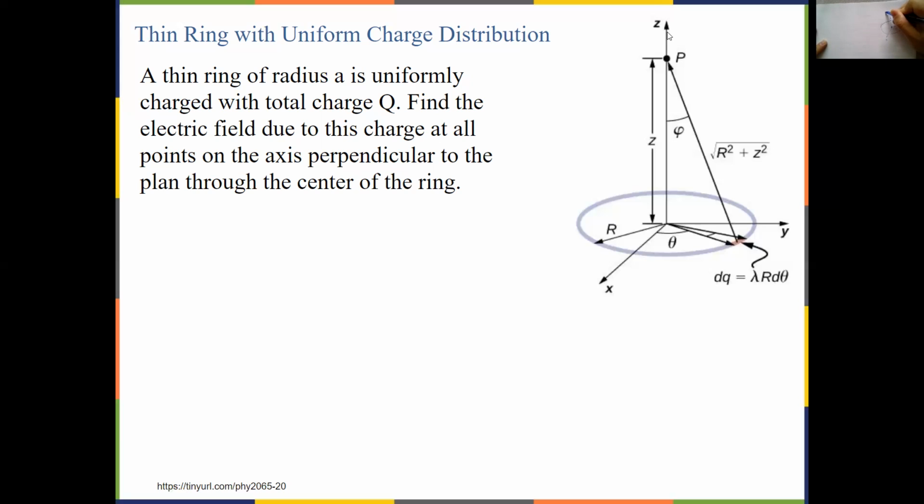Let me move this over here. We'll just be focusing on dEz here. This is dq equals lambda R d theta, where this is d theta and this is theta.